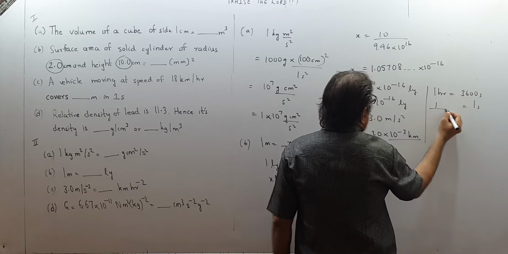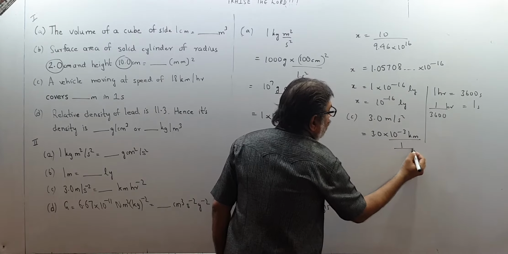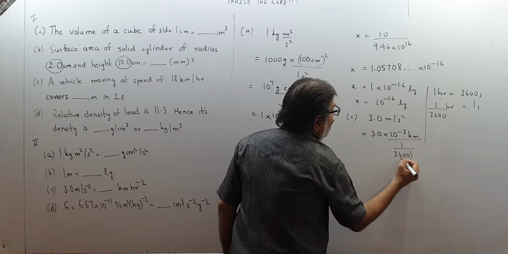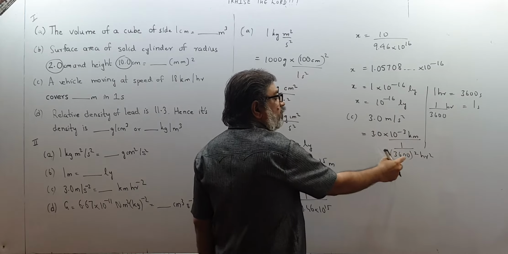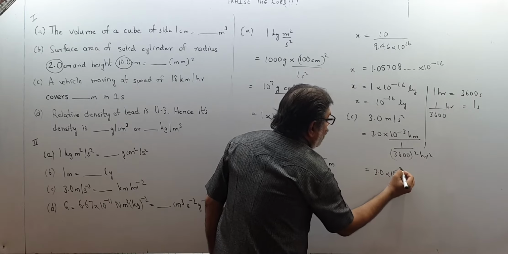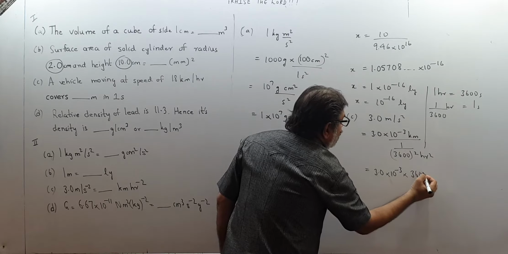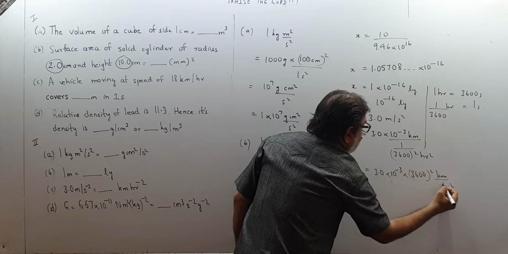So 1 second will be 1 upon 3600 hour. So this will be 1 upon 3600 square hour square. Second square are like this. So this becomes 3.0 into 10 raised to minus 3 into 3600 square kilometer per hour square.